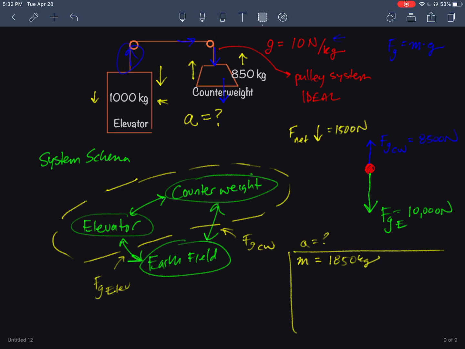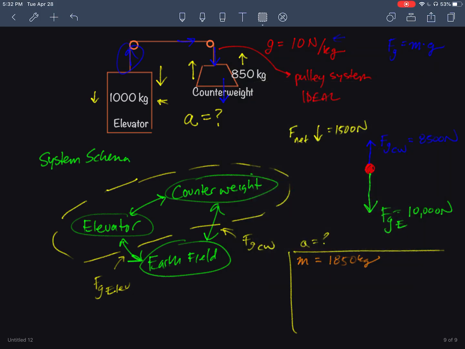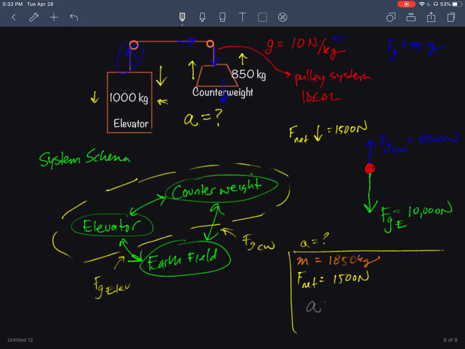All right, we'll give that a different color, like orange. The mass of the whole system together is 1,850 kilograms. The net force is 1,500 newtons. And if we want to find out what our acceleration is going to be, it's the net force divided by the mass of the system.